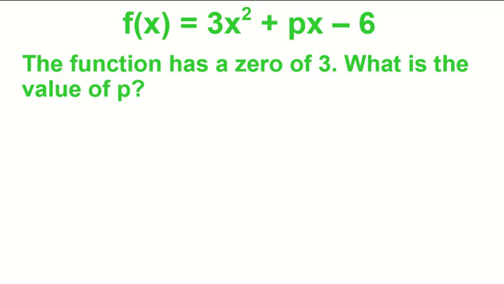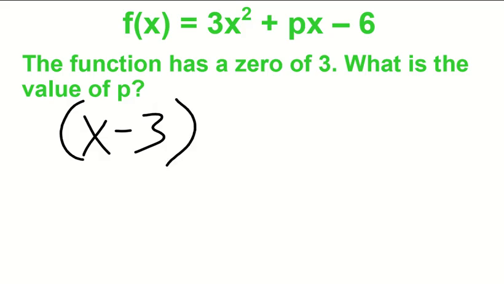What that means is when we factor this, one of our factors is going to be equal to 0. So that means I would have a factor that looks like that, pretty much, right? That would equal 0, or 3 if I set it equal to 0, right? Everybody good with that? X minus 3, if I set it equal to 0, answer would be 3.